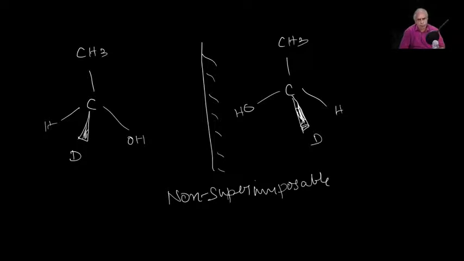It is a carbon atom attached to different groups or atoms. That chiral carbon atom can also be called the chiral center, and it is usually represented by an asterisk.